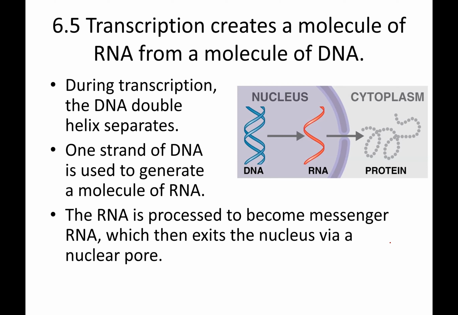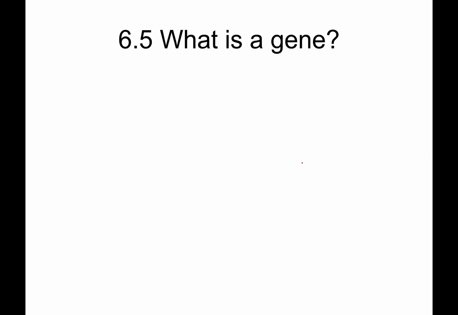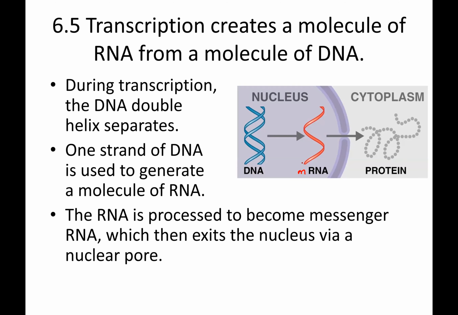The RNA is processed to become messenger RNA, mRNA, and then it leaves the nucleus, goes into the cytoplasm through the nuclear pore, and then you have protein synthesis occur in translation, sorry.